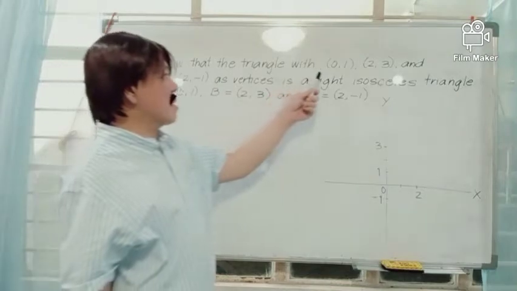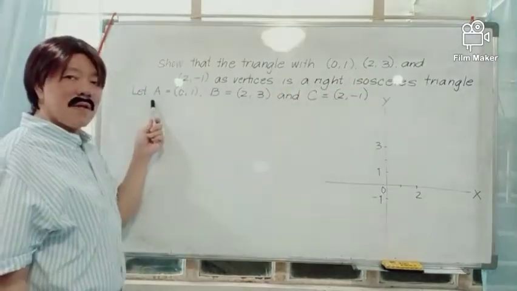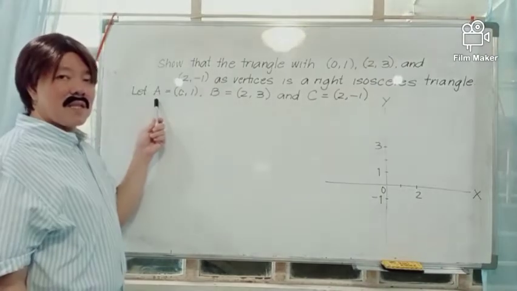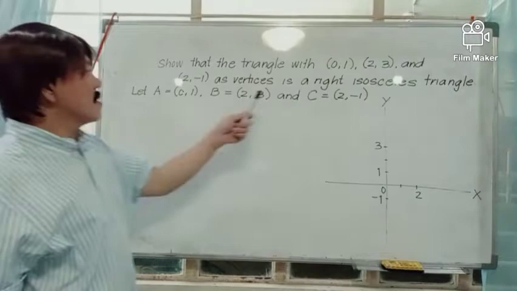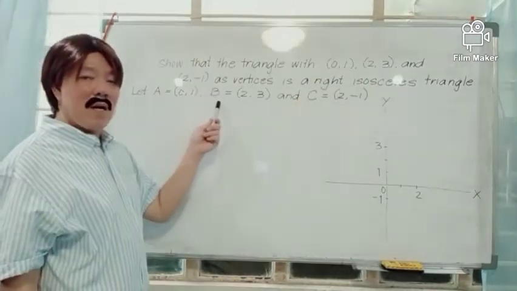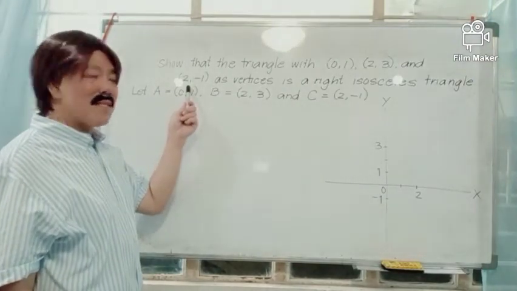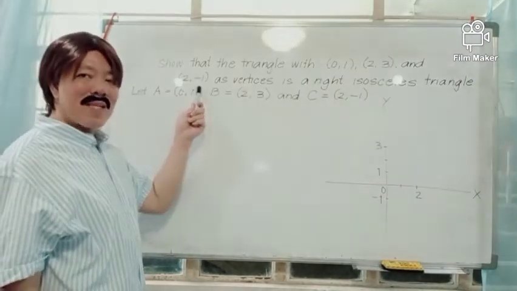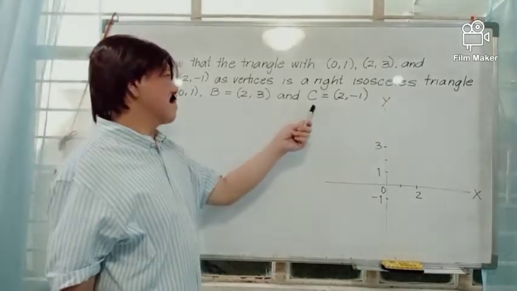And we represent these vertices with capital letters. We let the first vertex A be the point 0, 1. The second point 2, 3 be the vertex B of the triangle. And the third point given with coordinates 2, negative 1 be the third vertex C.